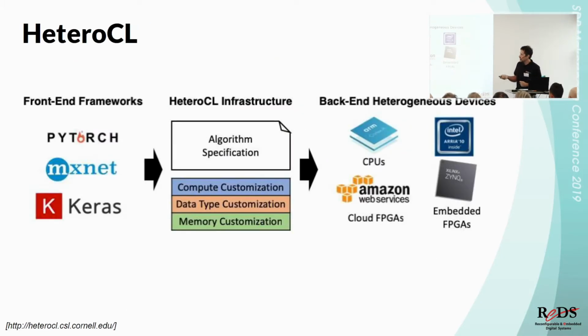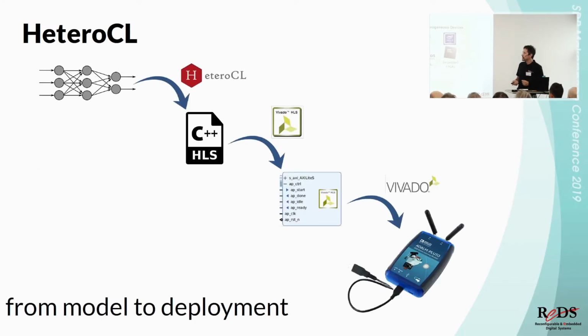The output that you get from this tool is a C++ design model directly derived from your Python description of your system. Okay? But then what do you do with this C++ model? You use another technology called high-level synthesis.